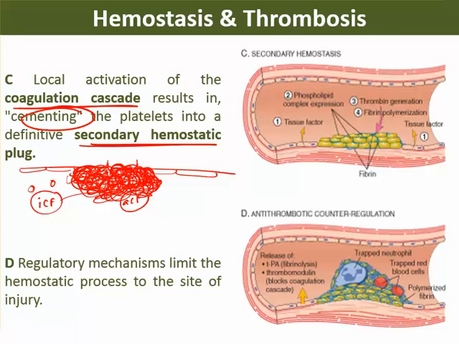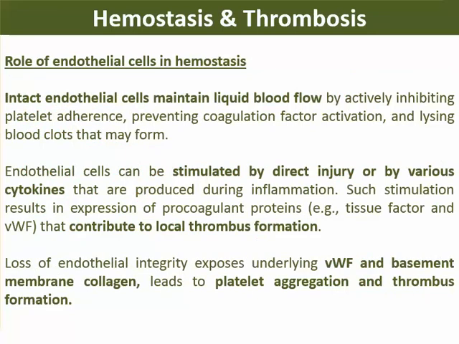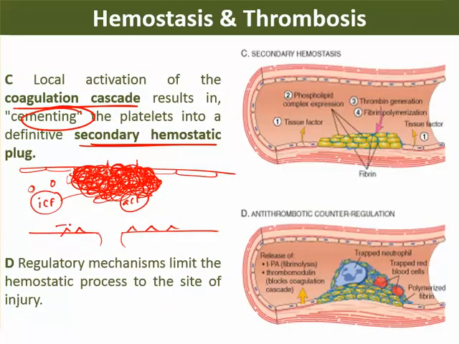Okay, so let us take one more situation. There is an injury here and what is exposed? The subendothelial zone is exposed. Then immediately the platelet comes and attaches. They become flat and form the primary hemostatic plug. Then clotting factors get activated once they see the flat shape of the platelet.